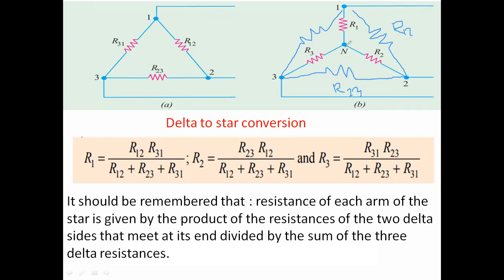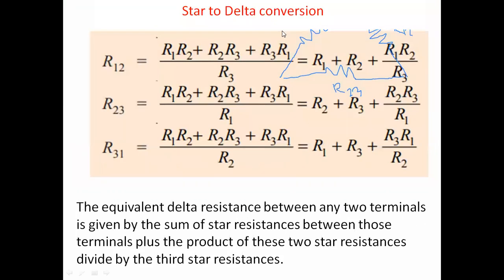Like this we obtain star to delta conversion, and we can replace the star network with the equivalent delta network.